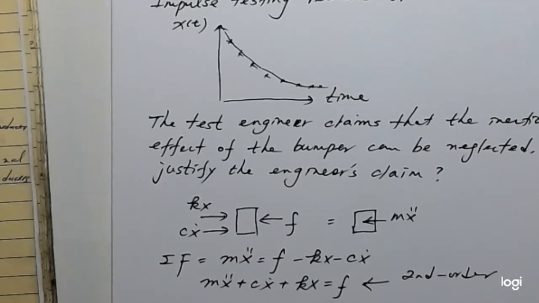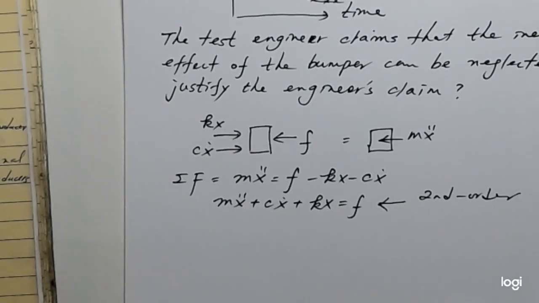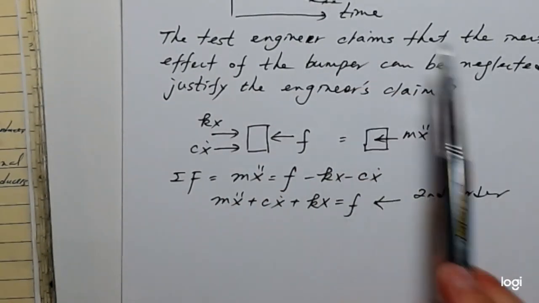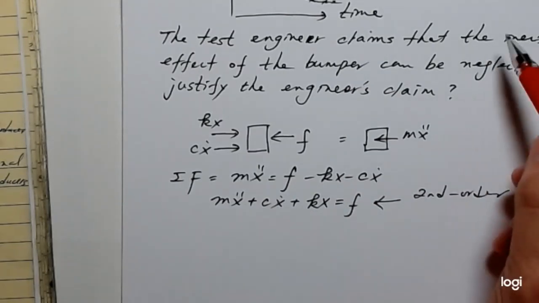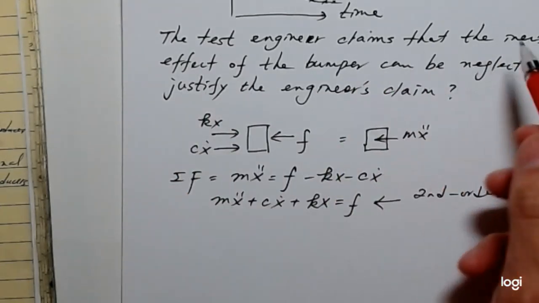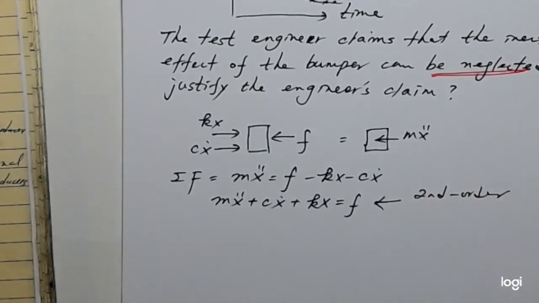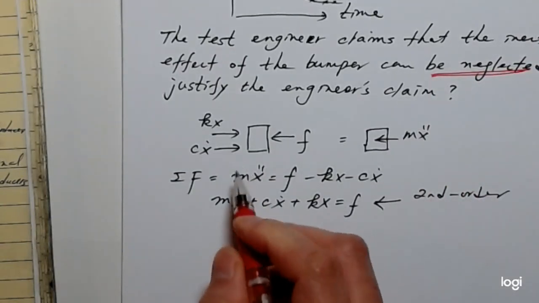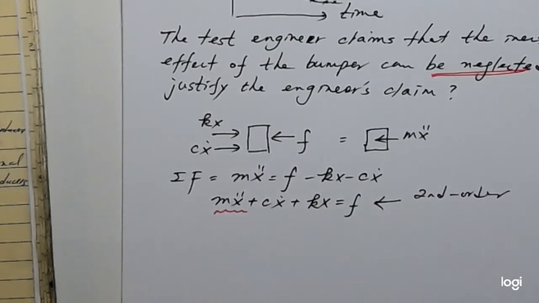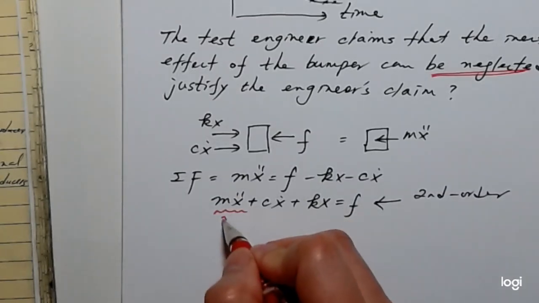It's a second order system model, but the engineer claimed that the inertial effect of the bumper can be neglected. How do we justify this? Meaning inertial effect right here can be ignored or close to zero.